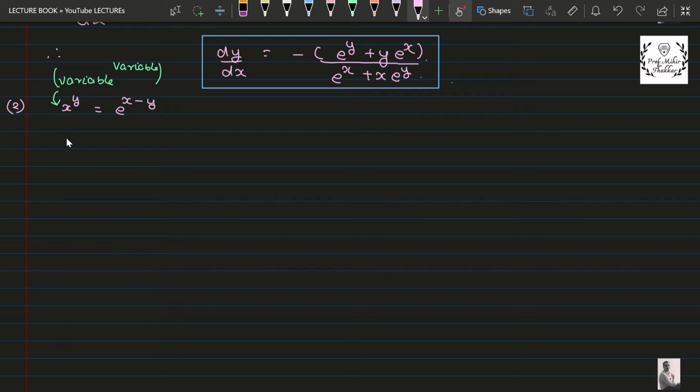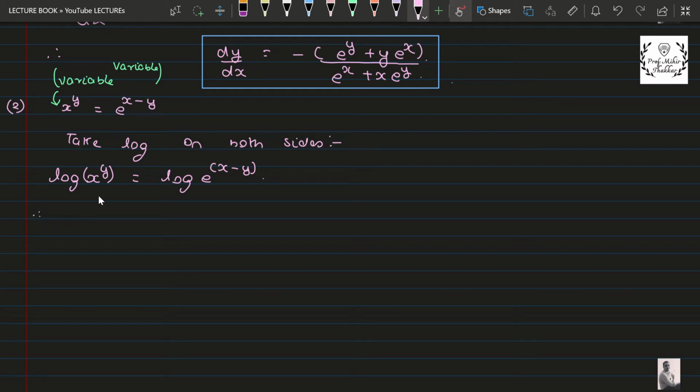So when we take log on both sides, left hand side over here will become log of x raised to y. Right hand side will become log of e to the power x minus y.